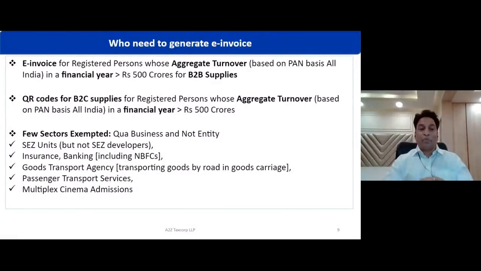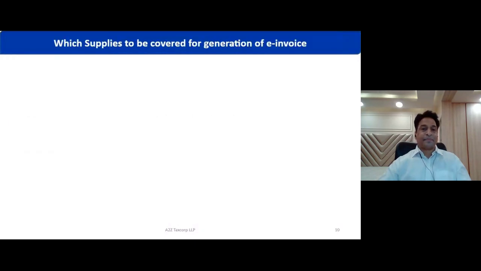My answer would be, Sibam, it would be only for 100 crore. So this exemption is for the business, not the entity. It is for the relevant business. Any banking company is exempted, but if a banking company undertakes a non-banking, commercial transaction, to that extent this e-invoicing provision is going to be applicable. This is my answer.